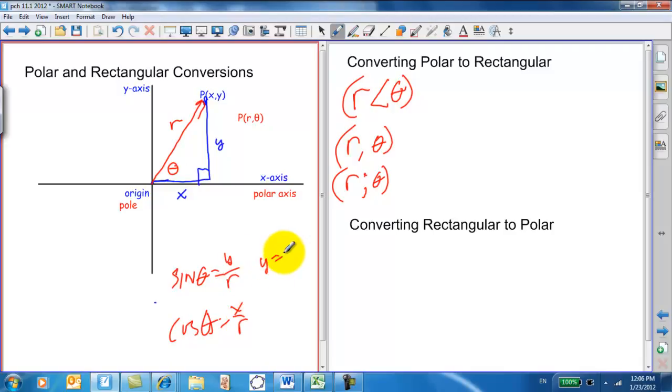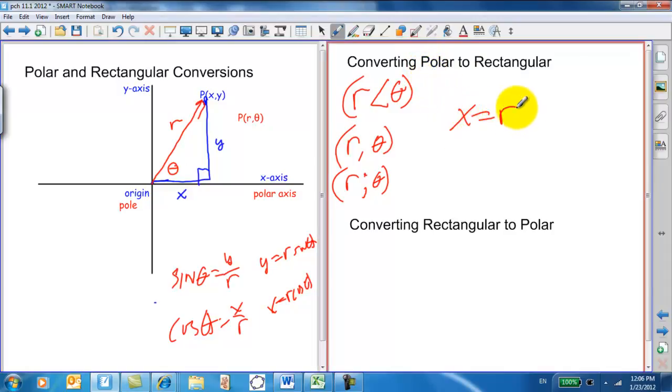That means y equals r sine theta, and x equals r cosine theta. What handy formulas. That's it. That's converting polar to rectangular. X equals r times the cosine of theta. Y equals r times the sine of theta. There's a handy formula. I also want you to be able to convert from rectangular to polar in next chapter, just looking at the picture sometimes, especially if it's a special angle.